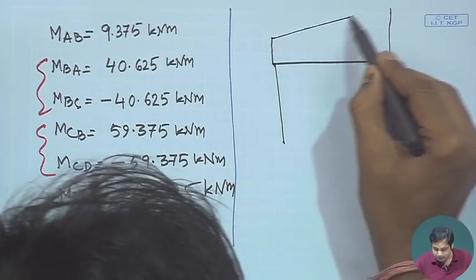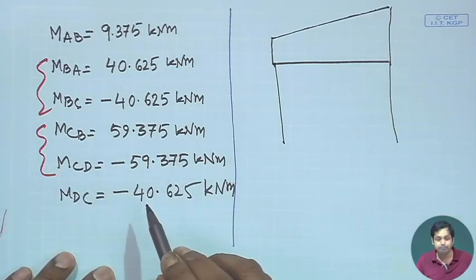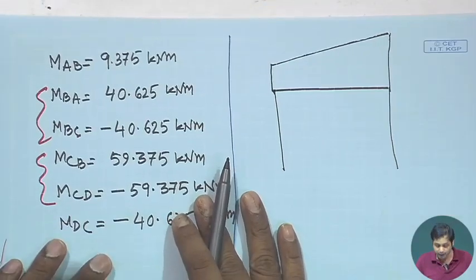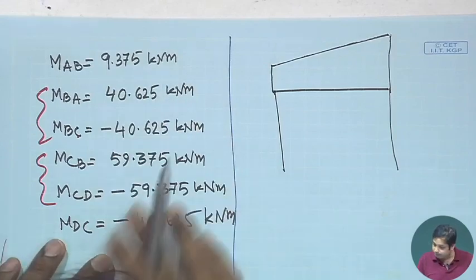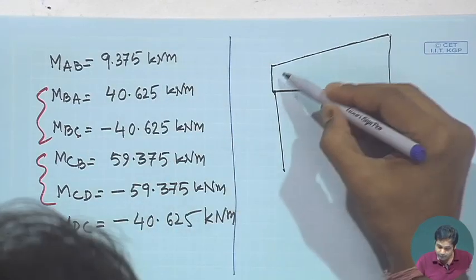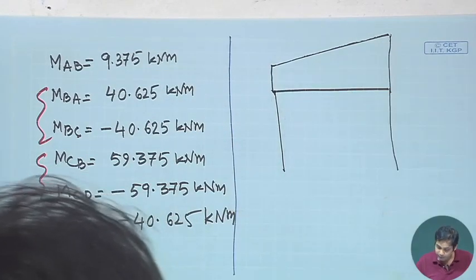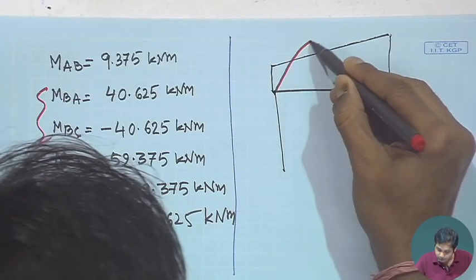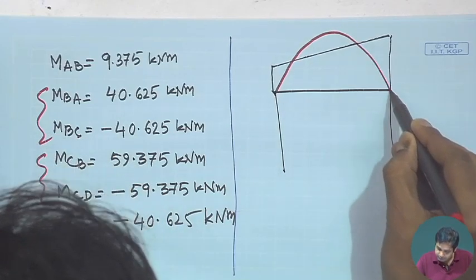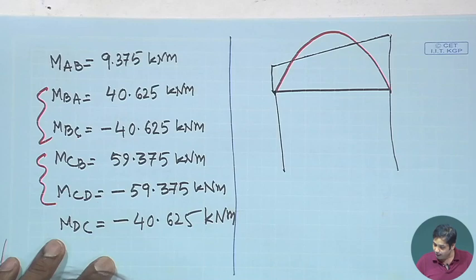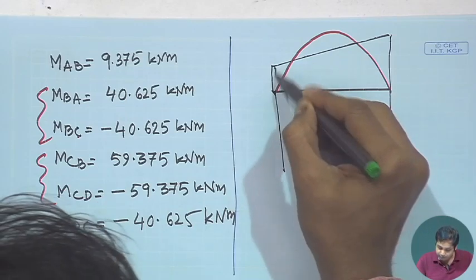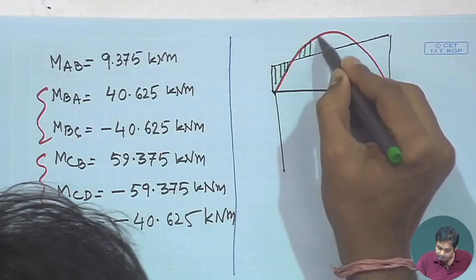So, this is the bending moment you get from the joint, and then the corresponding bending moment from the external load. This is this.